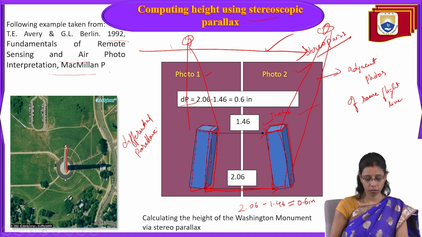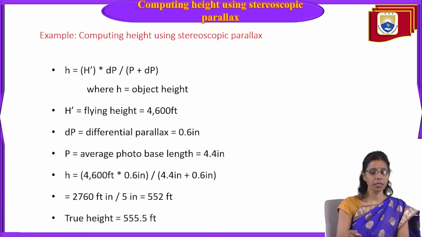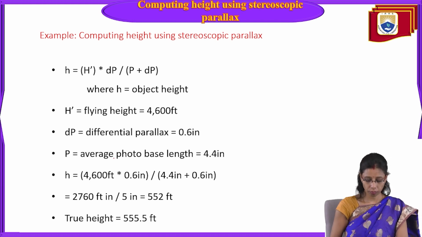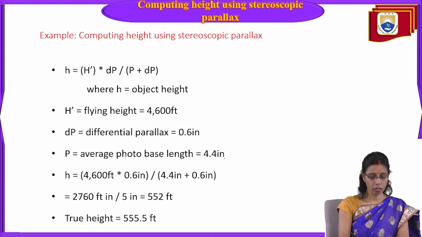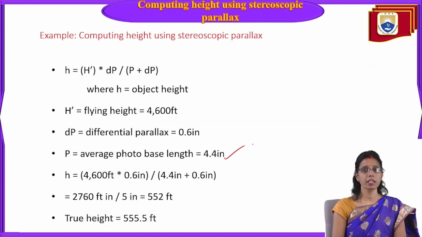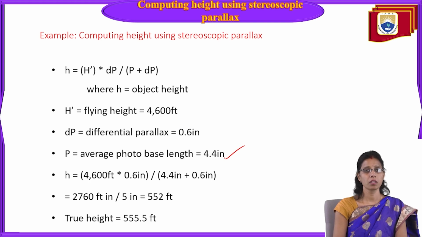Okay, next, this will be the data given. So differential parallax we got. Now to find out the average photo base length, this is already given, that is 4.4 inches. Just now we have discussed in the previous 2 slides how to find the average photo base length.